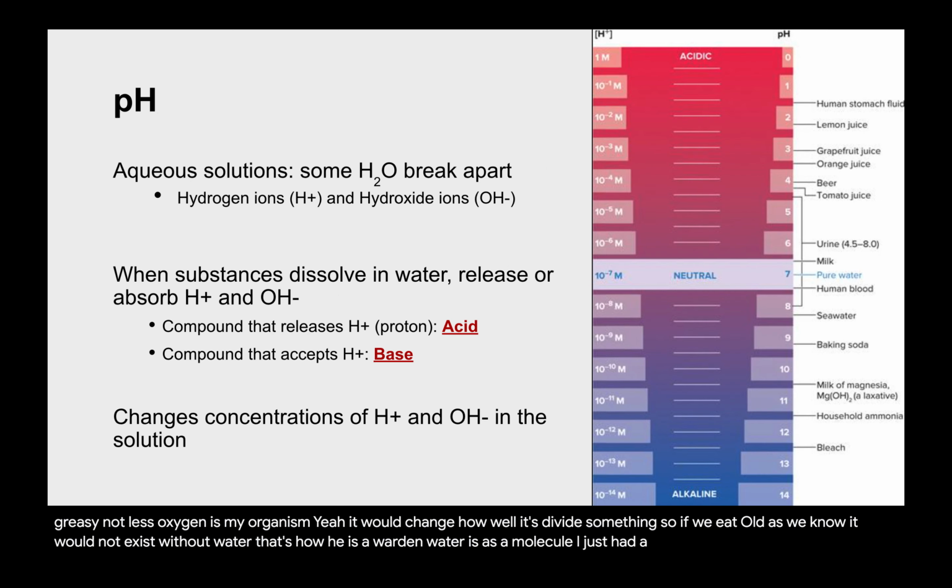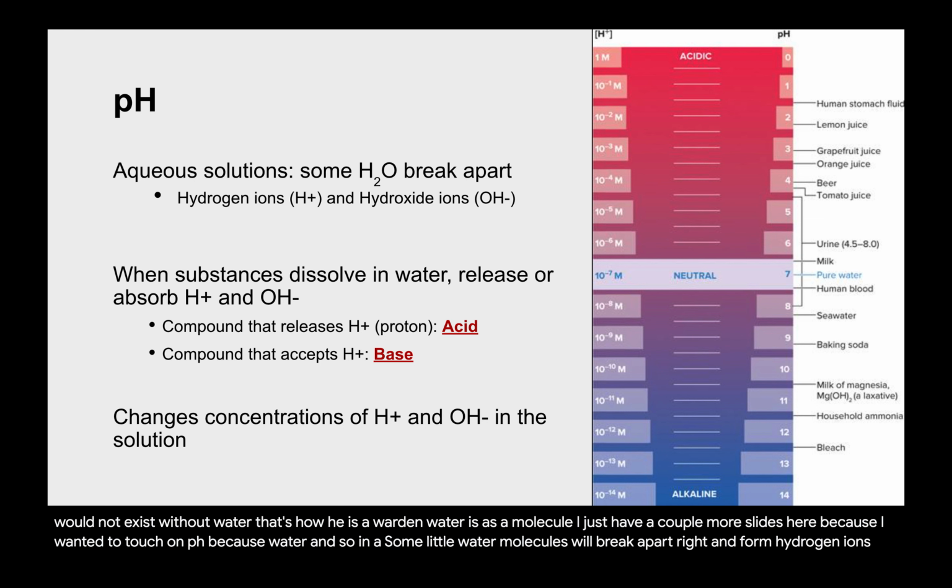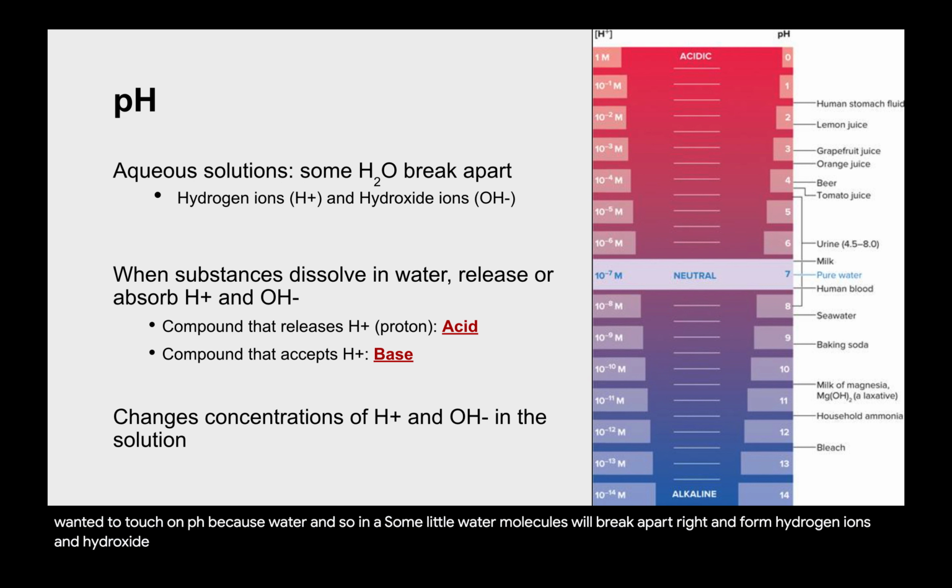I just have a couple more slides here because I wanted to touch on pH, because pH has to do with water. In an aqueous solution, a solution of just pure water, some of those water molecules will break apart and form hydrogen ions and hydroxide ions. So at any given time, there are some water molecules that are broken apart.